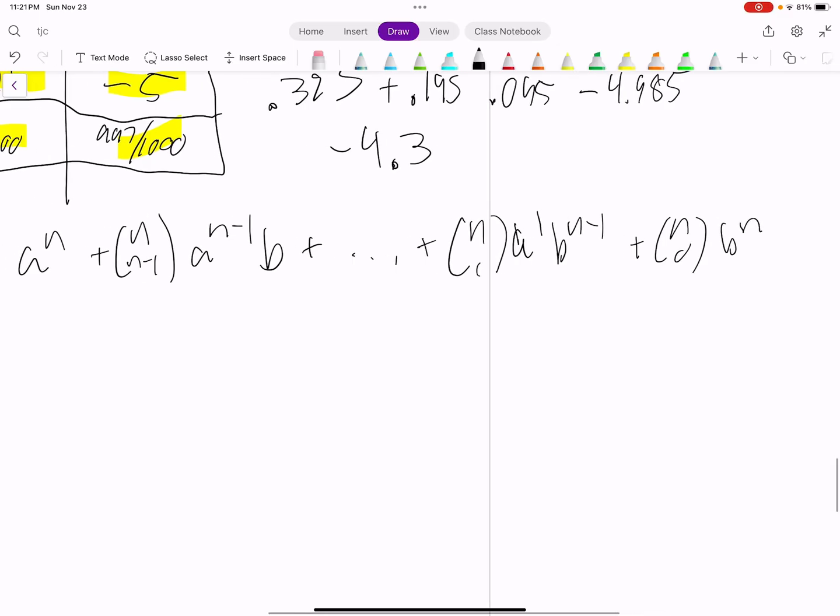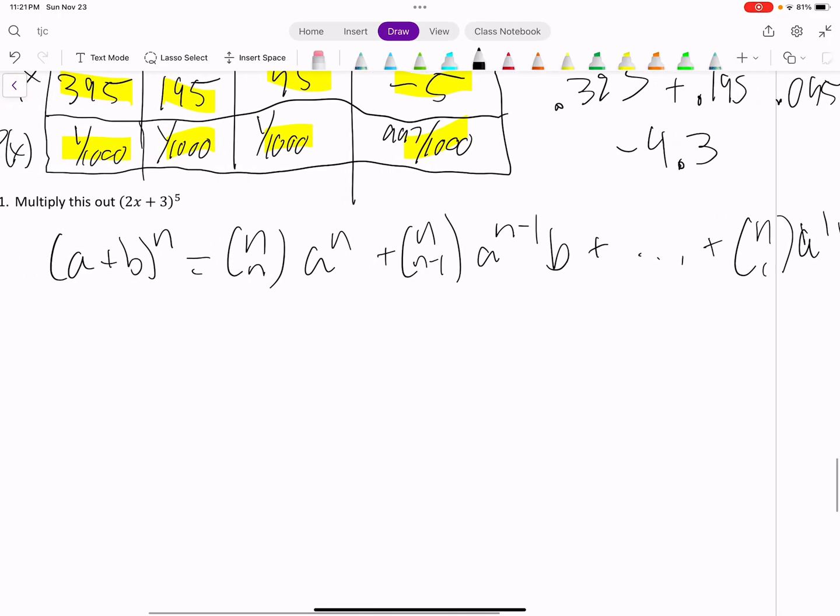Okay, we covered this formula in class. Remember, these right here are combinations.